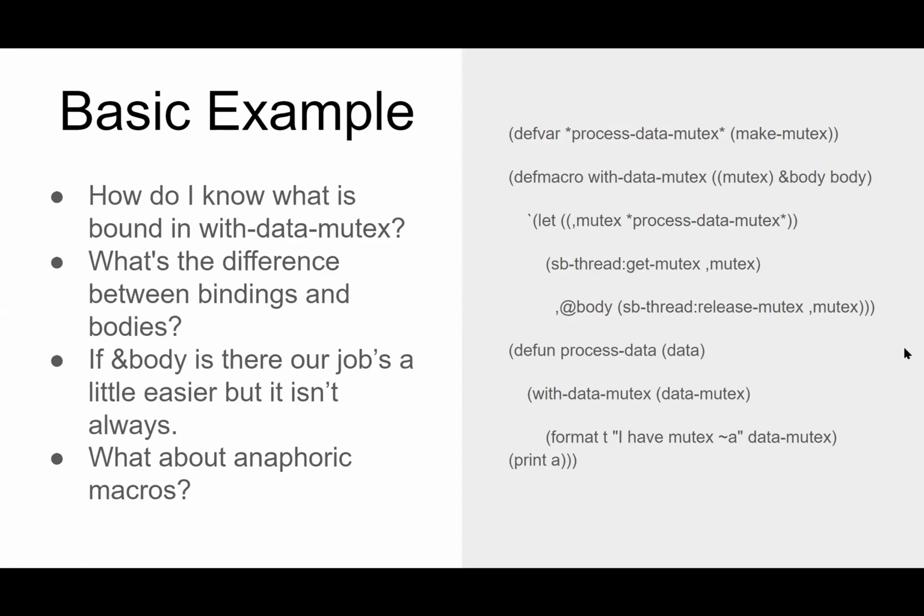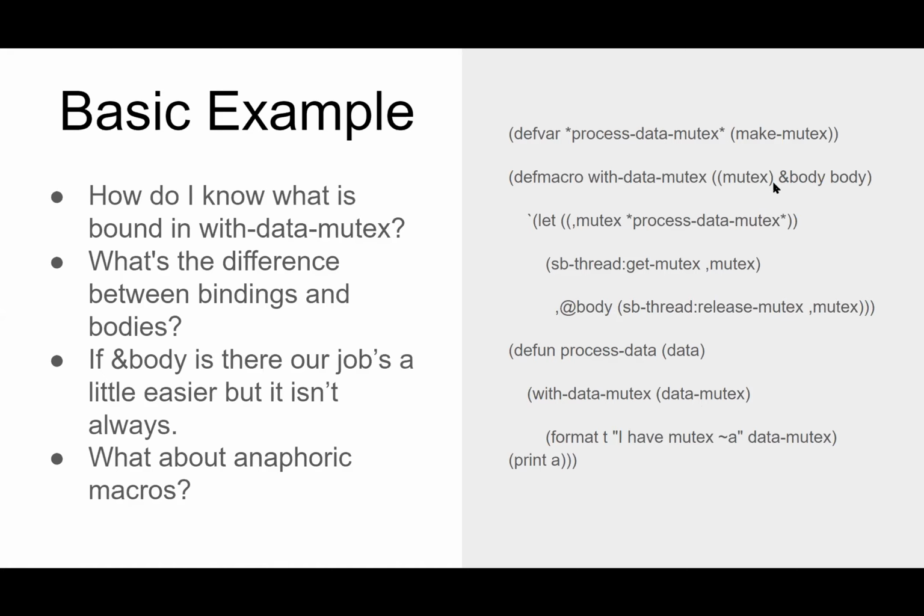And I have a function, process-data, that binds the mutex and uses it, outputs whatever format tilde is going to look like, and then prints a, if a is bound somewhere. Okay, in this function, with-data-mutex, how do I know that data mutex is what's being bound?